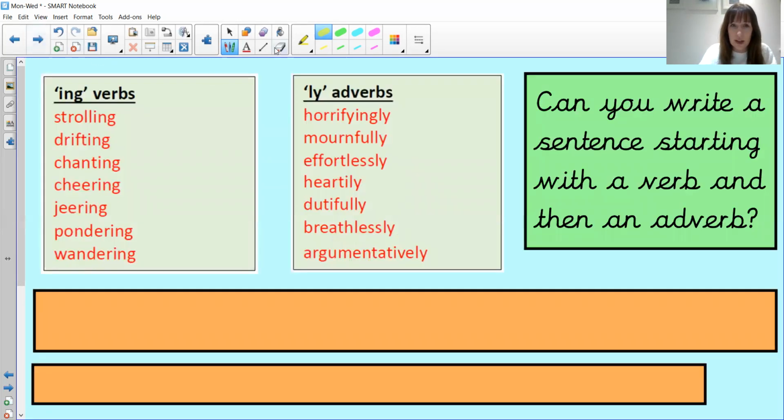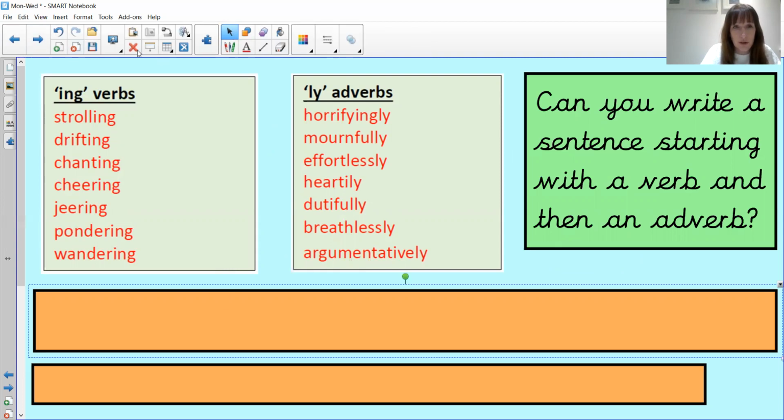So what I want you to do is just have a little practice in your home learning books of starting a sentence with a verb and then starting a sentence with an adverb. So I've got some examples here for you. Here are the verbs. And again, you can choose one of these or you can think of your own verb to write at the start of your sentence.